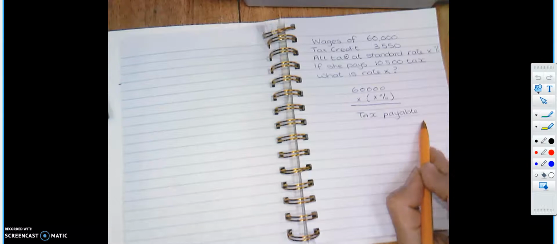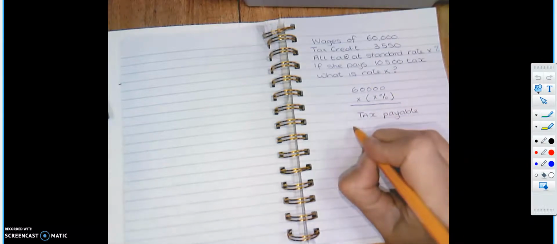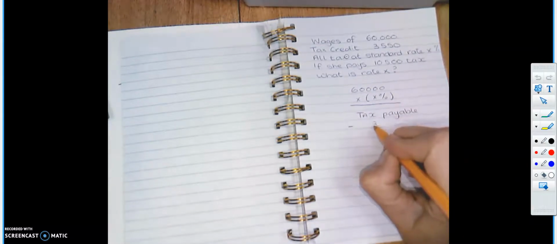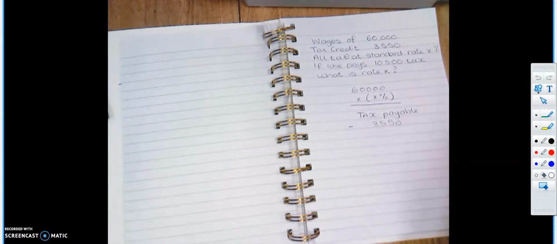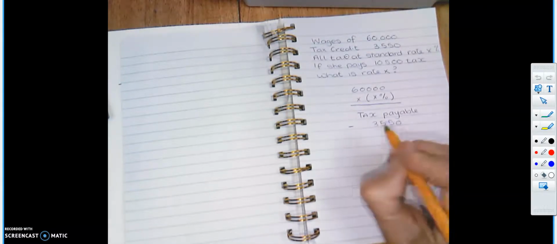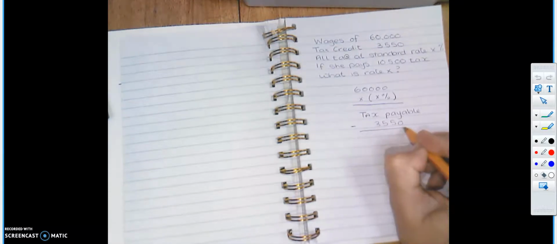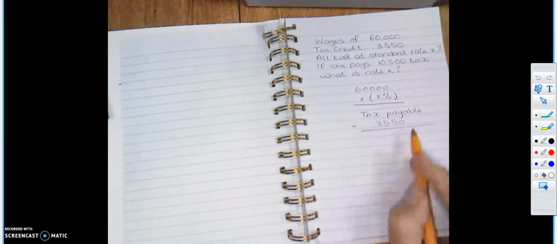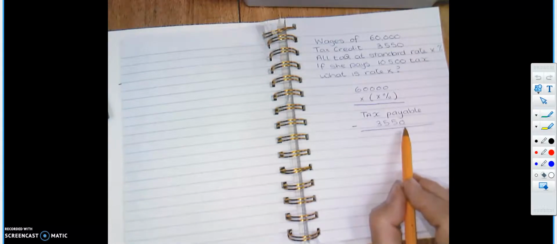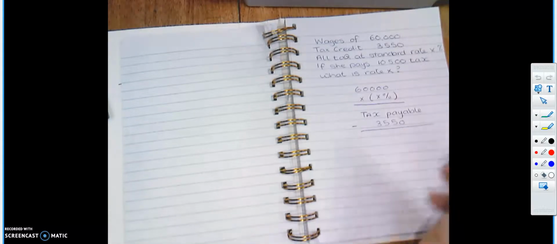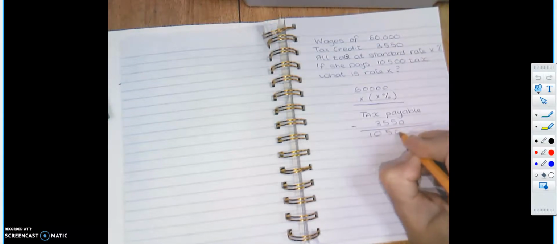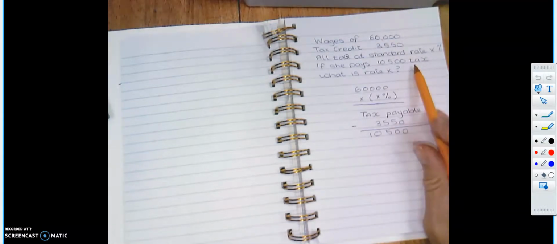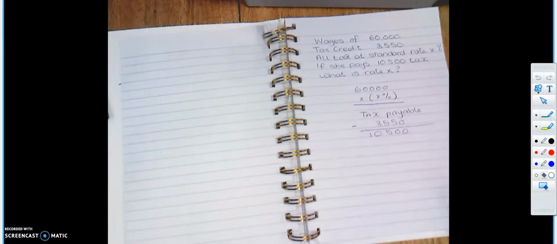To our tax payable, you would then subtract the 3,550 euros. Okay, so that means, as in this would have been the credit. So your tax payable, take away 3,550 is equal to 10,500 euros. Because we are told she pays 10,500 tax.